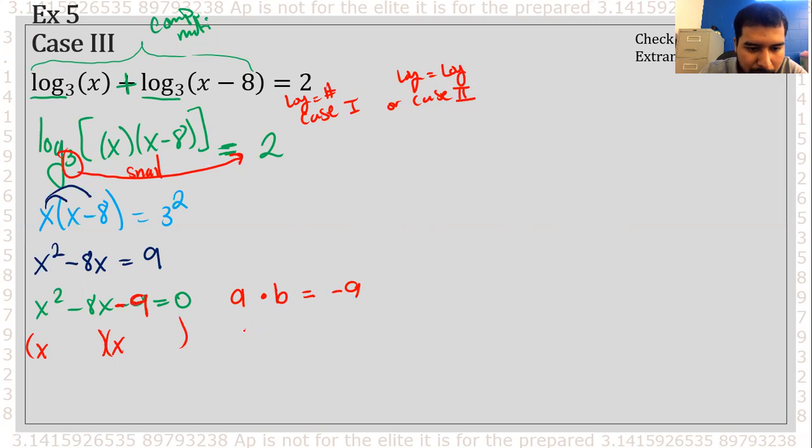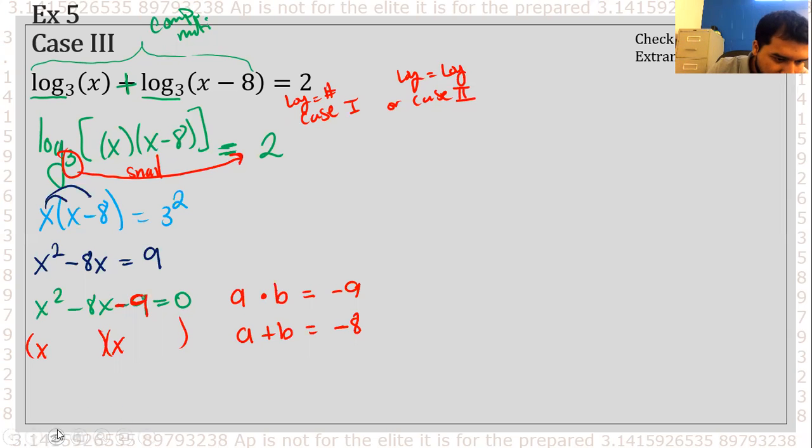And those same numbers have to add to equal -8. So go ahead and pause the video right here and give those numbers a try. 2 numbers that multiply to equal -9, but add up to -8. So what numbers you got?